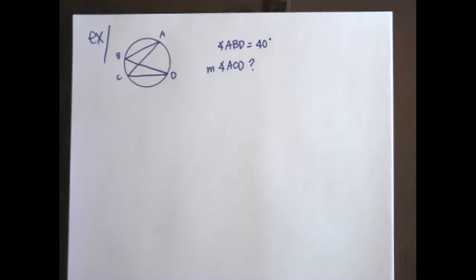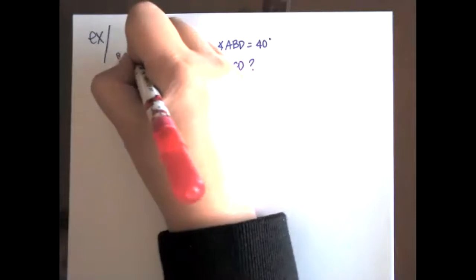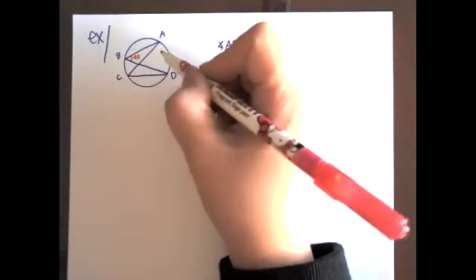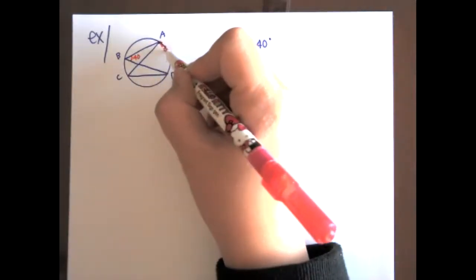Are you guys ready? Okay. Angle ABD is 40, so this angle here is 40. Remember, every time you are looking at angles in a circle, you're always looking at the intercepted arc. The intercepted arc is this one here.